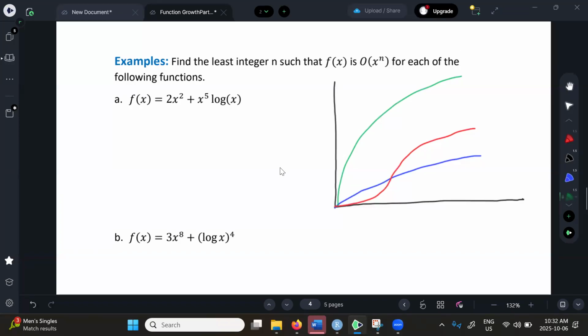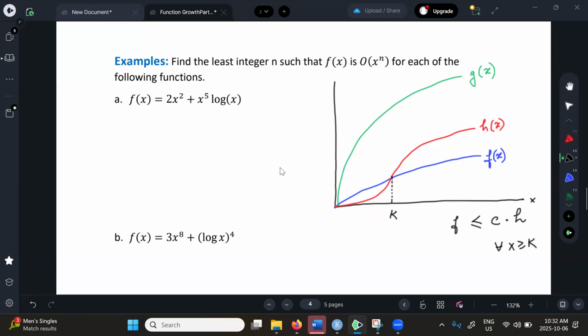Now, suppose this is the function f of x. This red one is h of x, and the green one is g of x. When I say I want a tight estimate for big O of f of x, I mean I need to find the closest function such that for some k, if I ignore those k values, and for some constant c, f of x will always be less than c times h of x for big enough natural numbers.